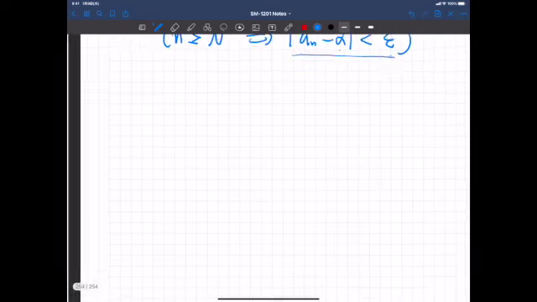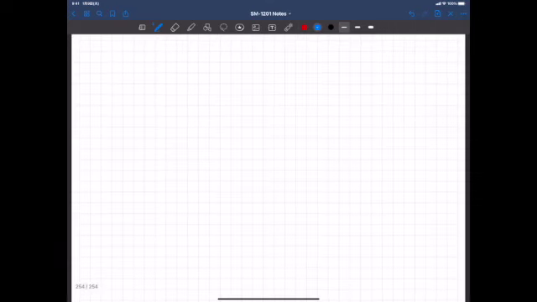Let's see an example. Suppose we have a sequence defined by n over n plus 1. And we can see that this converges to alpha equal to 1.